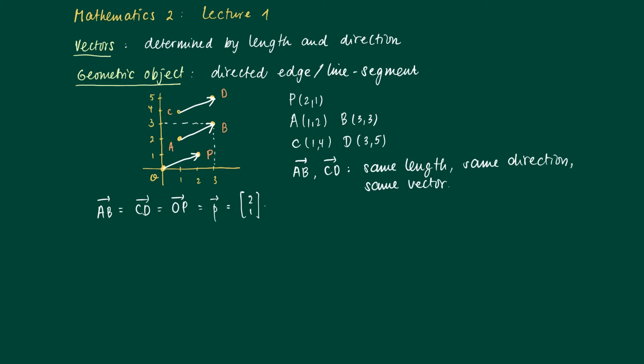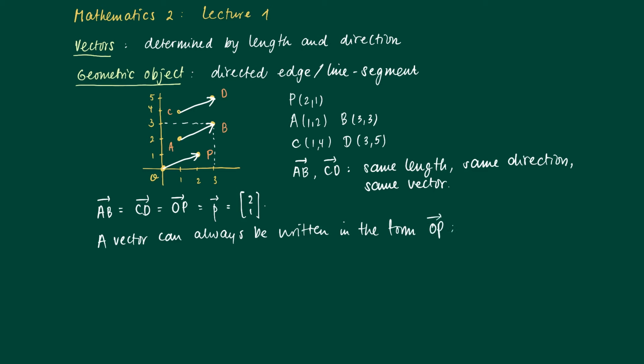So these arrows are characterized by 2 in the x direction and 1 above. So a vector can always be written in this way, and we can always write it in the form OP.